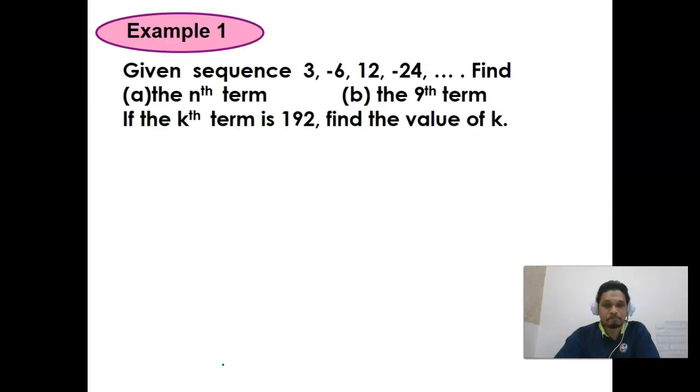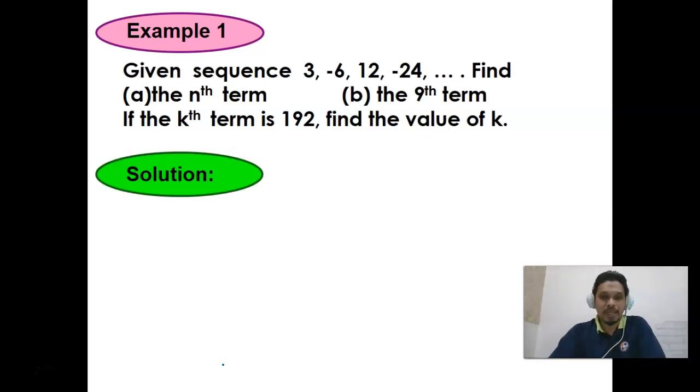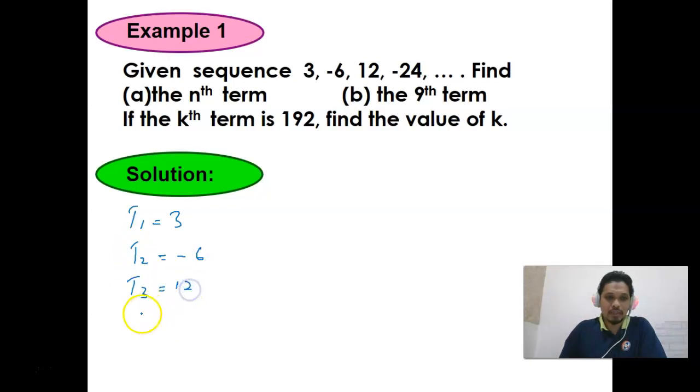Given a sequence of 3, negative 6, 12, and negative 24, find the nth term, the 9th term, and the kth term. First of all, given the sequence, the first term is 3, the second term negative 6, the third term equals 12, and the fourth term equals negative 24.